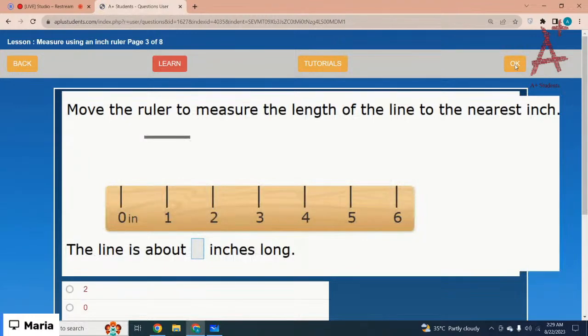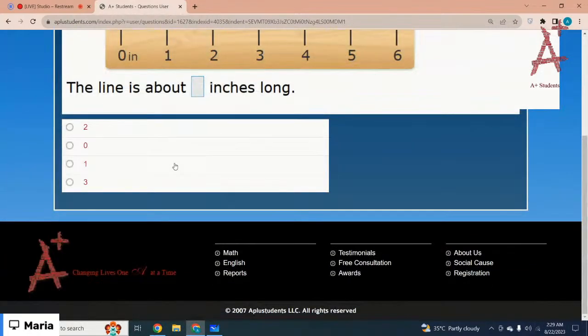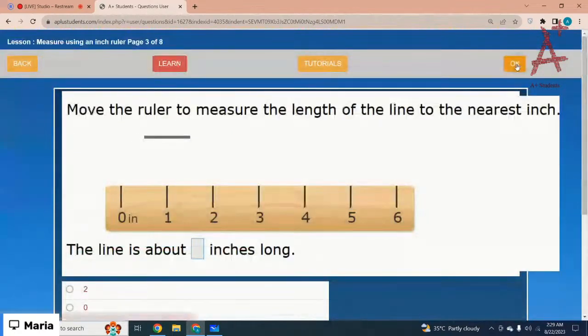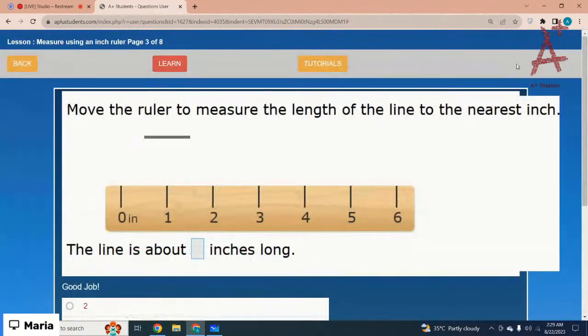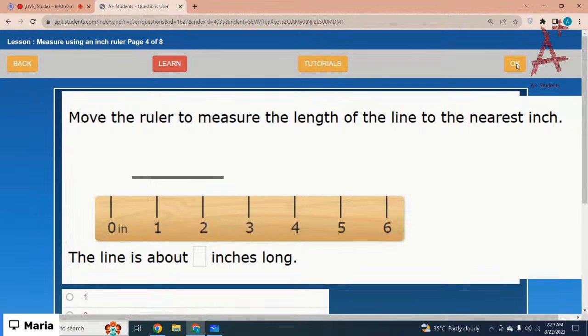Okay, move the ruler to measure the length of the line to the nearest inch. The line is about dash inches long, which is the correct option. That would be 1 inch long. The line is 1 inch long. Okay, the next one: move the ruler to measure the length of the line to the nearest inch.